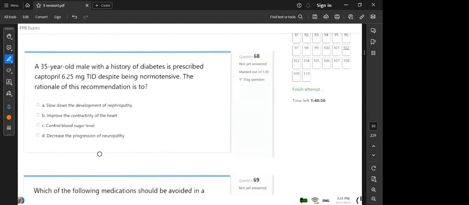Yes, it comes with the renal protection. Okay. I feel like you've covered diabetes intensively. Finally, a good doctor has confirmed it's A.